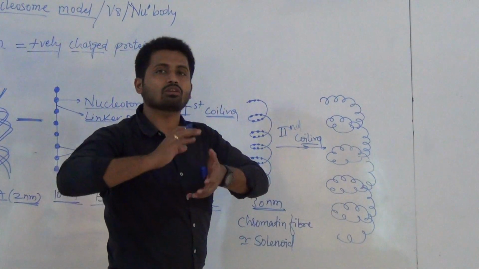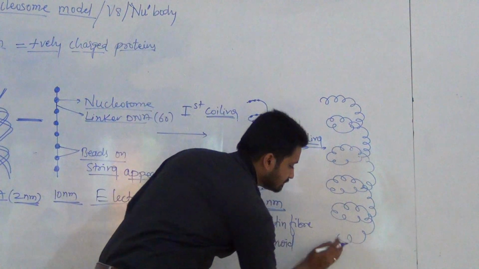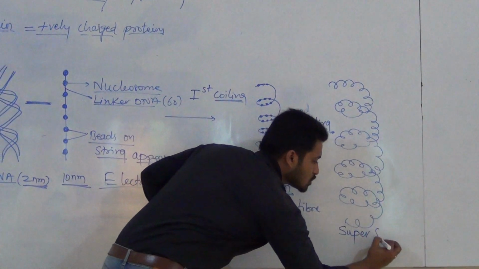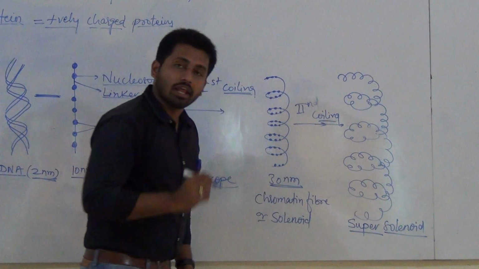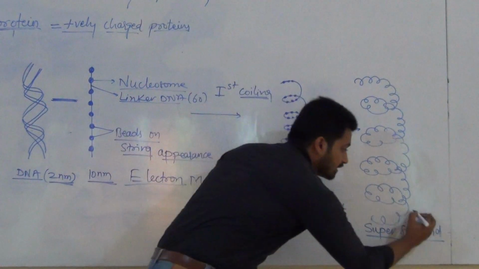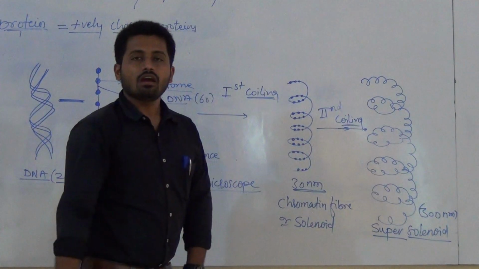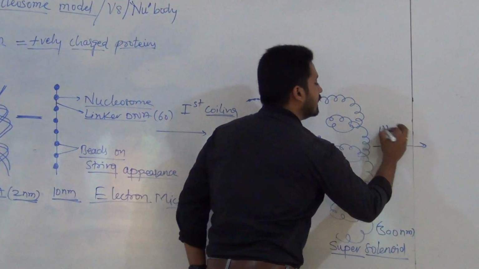Again dense coiling will be there, and this structure we call super solenoid. What is the word? Super solenoid. What is the thickness of this one now? It will increase by 10 times, nothing but 300 nm.